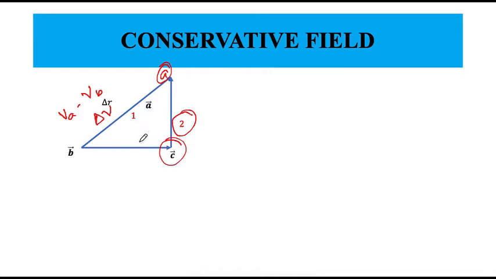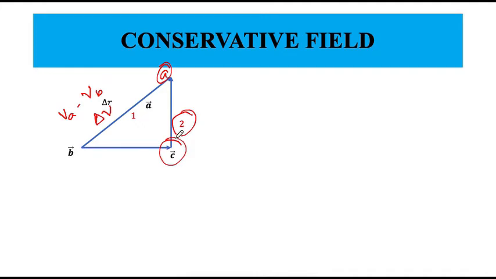It can be shown that this line integral, or potential difference, will not be a function of the path that I have chosen. All paths with the same initial and final point will lead to the same potential difference. So delta V is independent of the path.